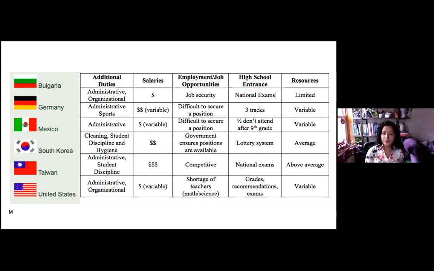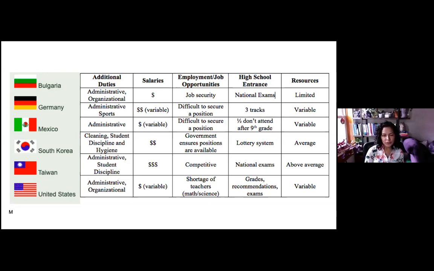Now, teachers' responsibilities go beyond teaching. They include, and I thought that this was super comprehensive, classroom cleaning, supervising extracurricular activities, disciplining students, ensuring students maintain good hygiene. So you see it's a lot more broad compared to the other countries. School culture in South Korea usually encourages teachers to work past their paid hours, and I feel like this is fairly common.